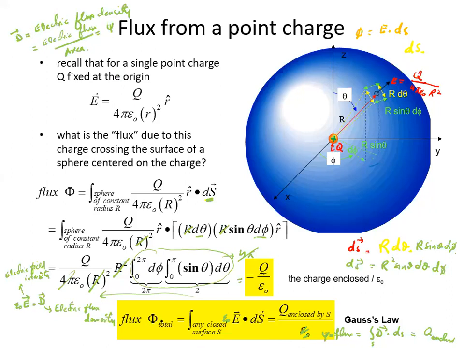Phi, the flux, is charge divided by epsilon naught. This is a little difference. Phi is charge divided by epsilon naught. Psi is simply the charge.